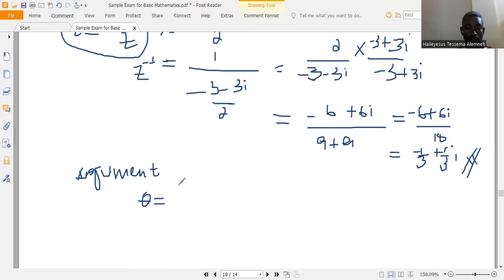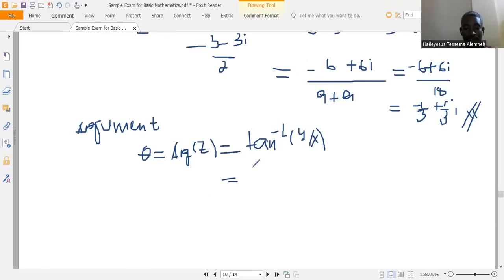The principal argument of z is equal to tan inverse of y over x.